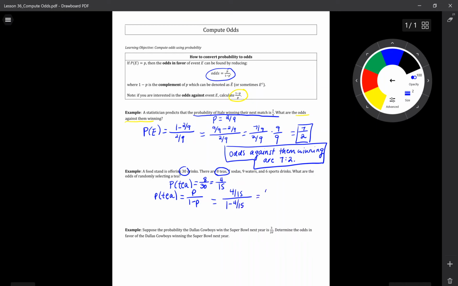If I turn the bottom into a common denominator, this would be 4 over 15 divided by 15 over 15 minus 4 over 15, which is 4 over 15 divided by 11 over 15. Multiplying through by 15 over 15 gives me 4 over 11. So the odds of me picking a tea is 4 to 11.